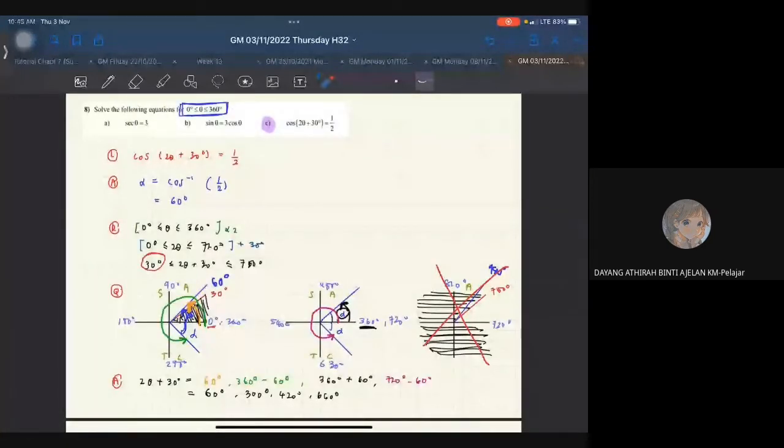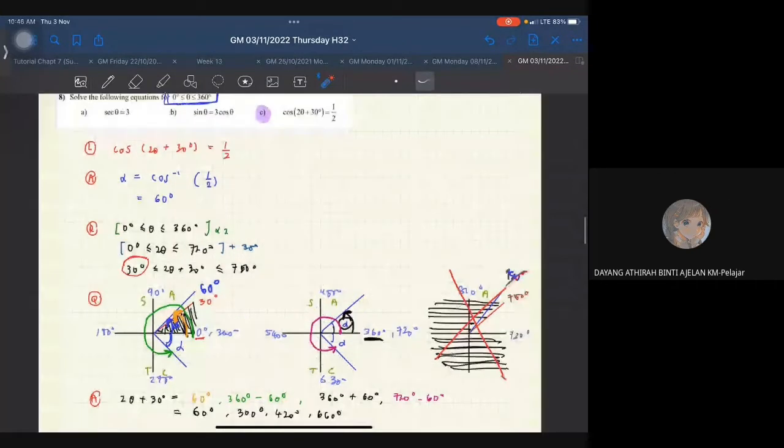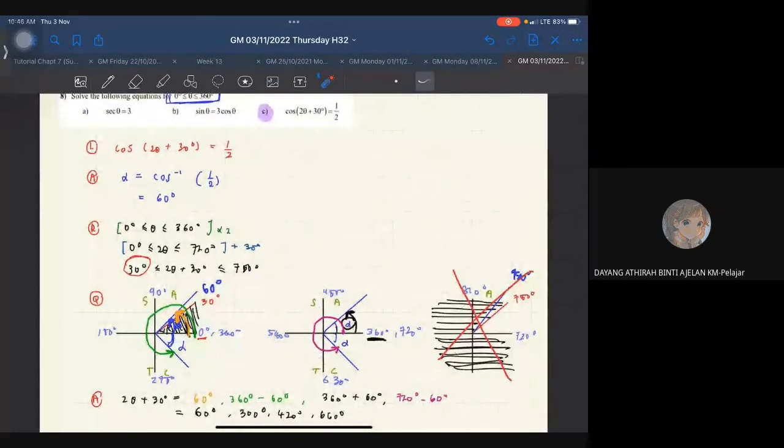Cepat. Kita nak cari theta ke kita nak cari 2 theta plus 30? Okay, so awak rasa mana yang betul? Kita nak cari theta ke kita nak cari 2 theta plus 30? Bincang dua orang.